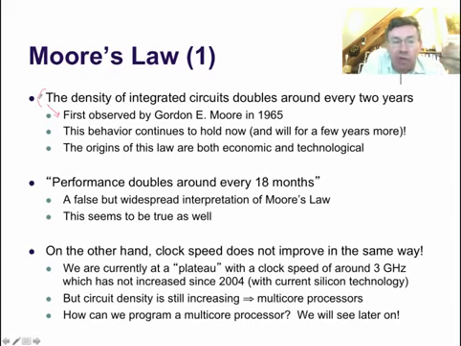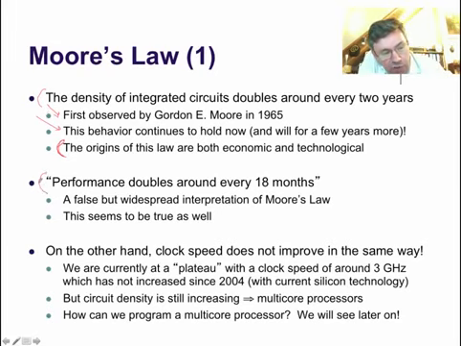It's not a law of nature. In fact, the origins of the law have been studied, and there are both economic and technological origins. There is an economic drive to increase performance, but technology has to allow it. So the law holds and will continue to hold for a few more years.